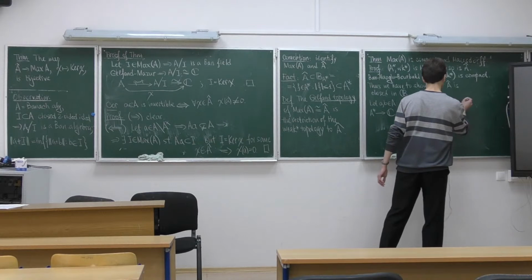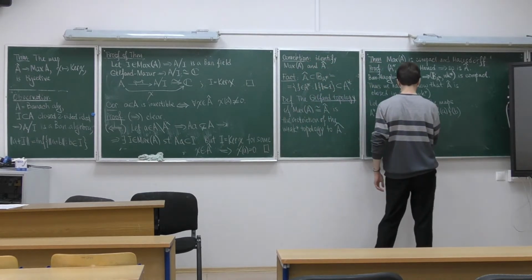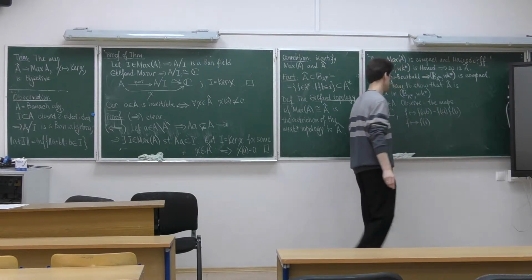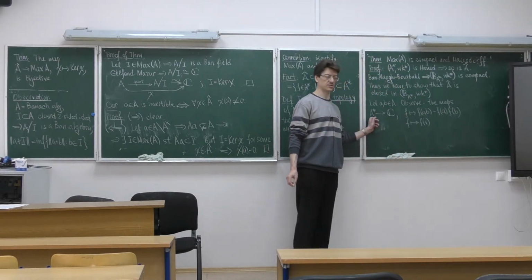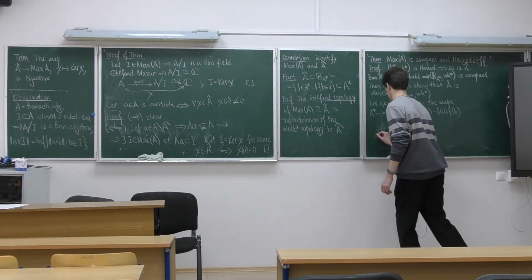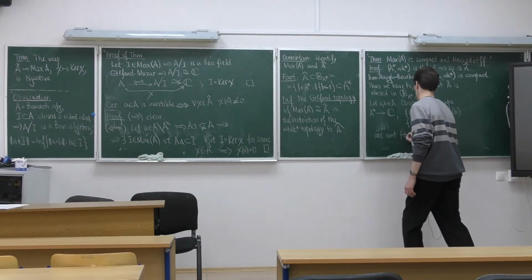And actually we need another map which takes f to, well, this is just the evaluation map at the identity. So these two maps defined on A star are continuous for the weak star topology.